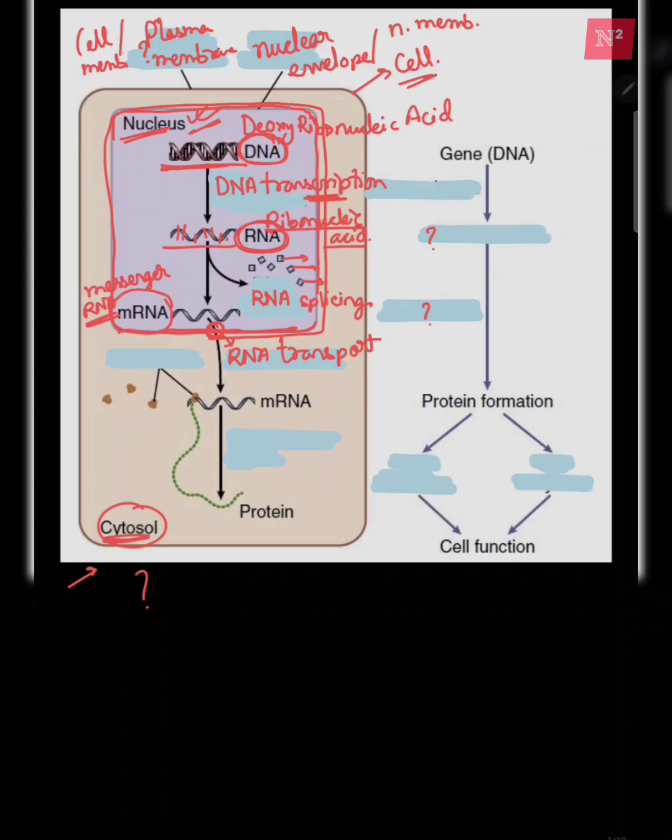Now inside the cytosol, there are some organelles, the 60S, 70S, 80S ribosomes. These organelles help in the further steps of mRNA modification, in which the mRNA is helped by the ribosomes to form a strand of proteins.